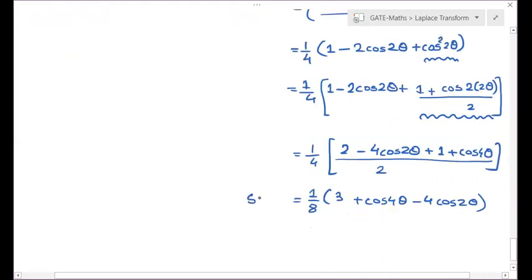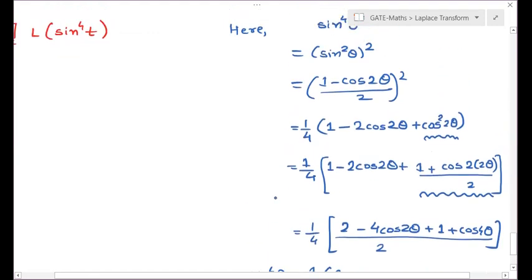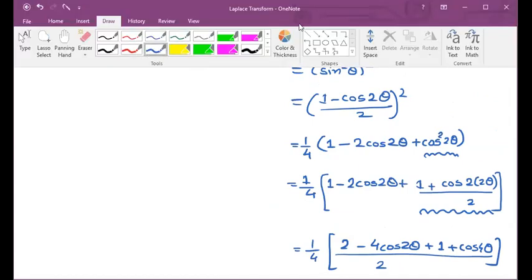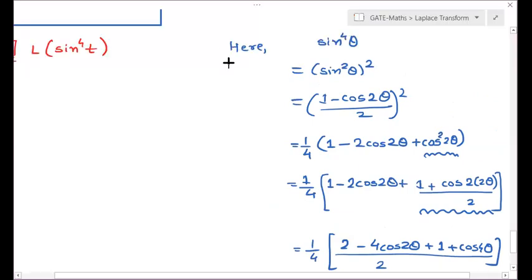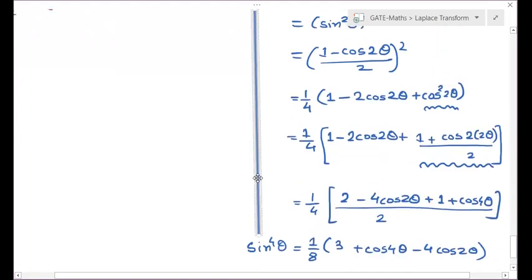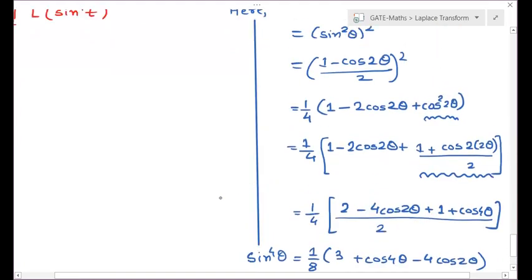So this is your conversion of sine to the power 4 theta into linear form, where you can apply Laplace now. Okay, so let us try to apply Laplace over here now. So first we will put this value, that sine to the power 4 theta equal to this.